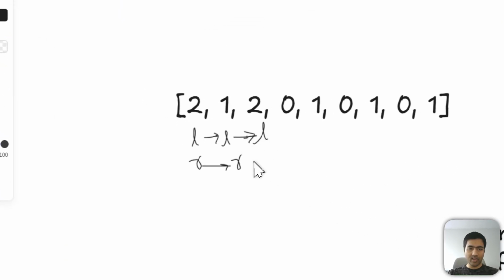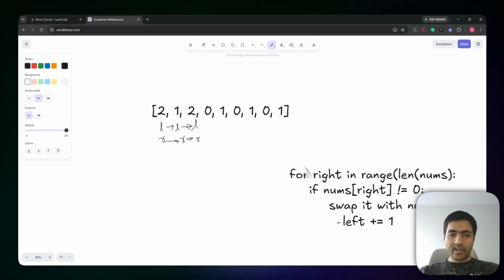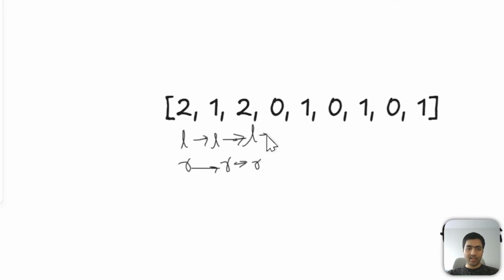Now here 2 is the non-zero value. It swaps with L, which is the same value, and after swapping, left moves forward, and R also moves forward here.